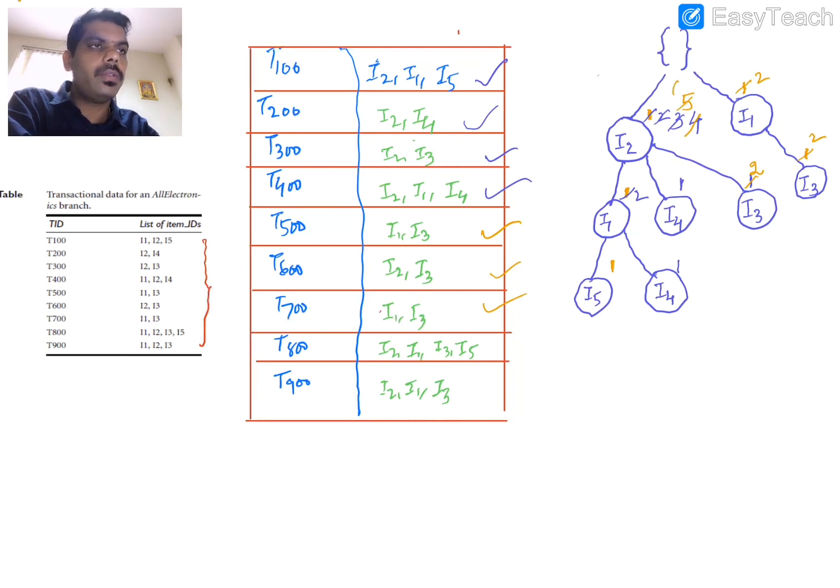I2, I1. Next, I3. Is there any I3? There is no I3 at the third level. So what we have to do? We have to construct I3. Next, I5.